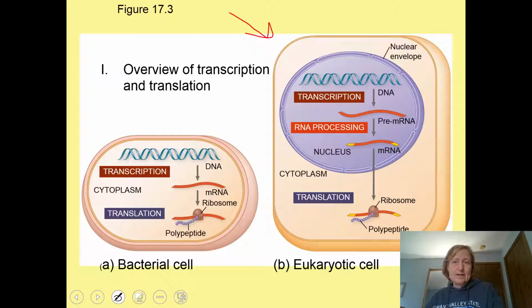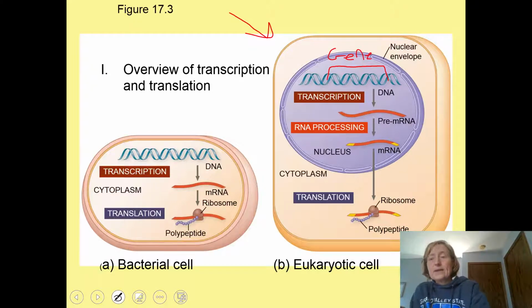I'm not sure. It looks kind of like it has a cell wall, right? Yes, it has a nucleus, and in the nucleus is the DNA, right? All of the DNA is in there. A piece of the DNA is called a gene, right? So maybe this is one gene. And in transcription, a piece of DNA, a gene, is transcribed into a single-stranded RNA molecule.